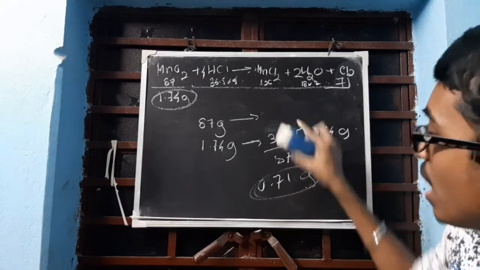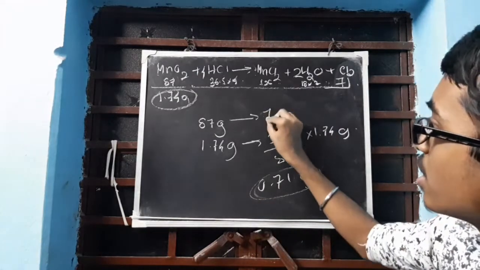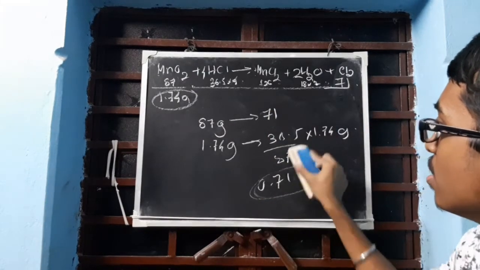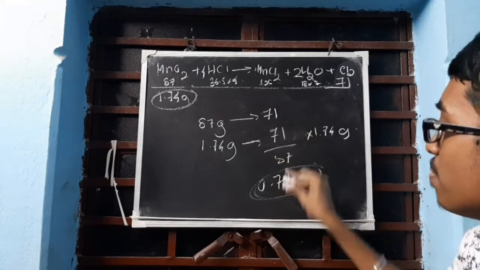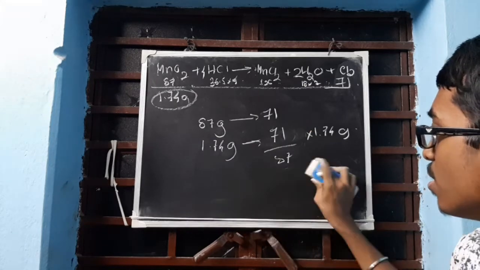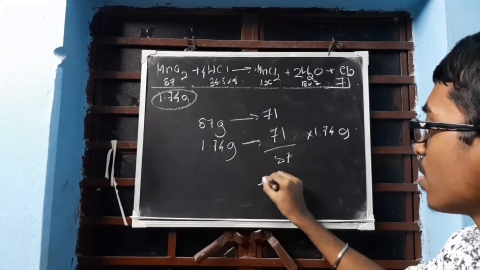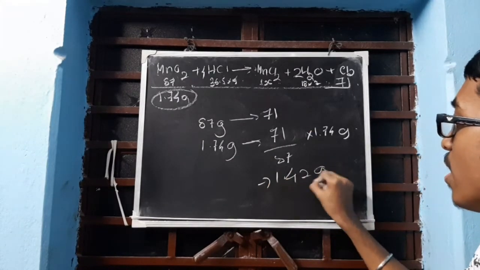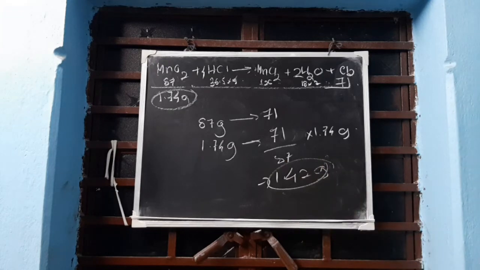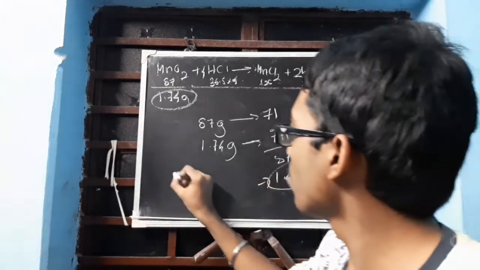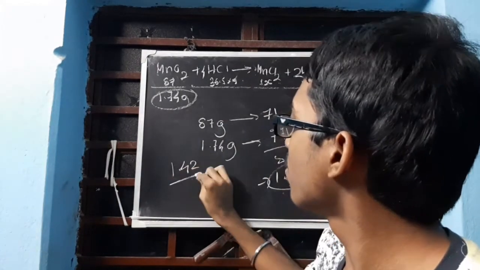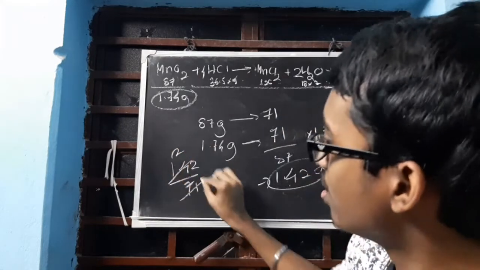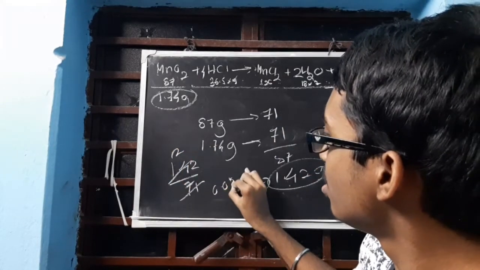Now check, the mass of chlorine will be matching, 71 gram. So instead of this, the answer will be 1.42. Clear? You should always be alert. So it's 71 gram. This is the value 1.42 divided by 71. You check, it's again 0.02.